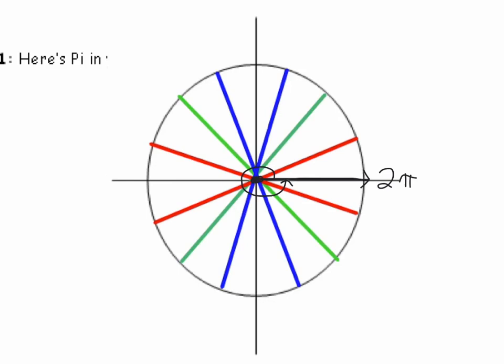Then, it gets better. I could also just go halfway around the circle, and that would be pi radians. Those are your 2 big famous ones.